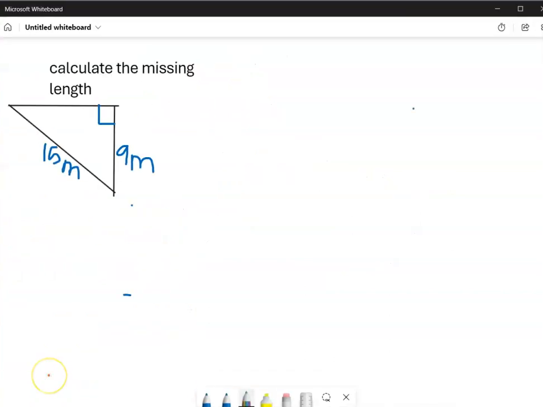Okay. Calculate the missing length. Now if you're paying attention, you recognize that we are given the hypotenuse in this example, which is the longest side. In our formula a squared plus b squared equals c squared, c represents our longest side, or hypotenuse.